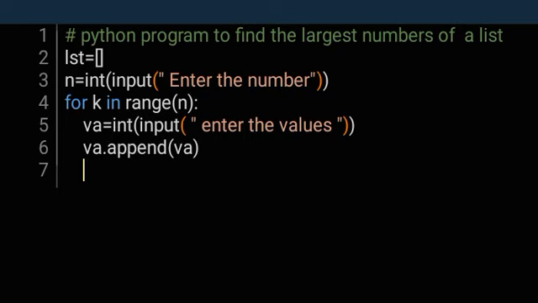So now we want to find the largest number. We need a variable to represent it: temp, a temporary variable, and I want to assign the first value of the list into that variable, which is LST, the first value having key 0.